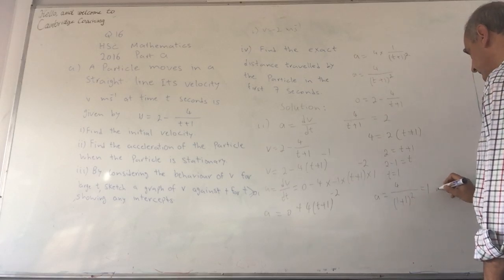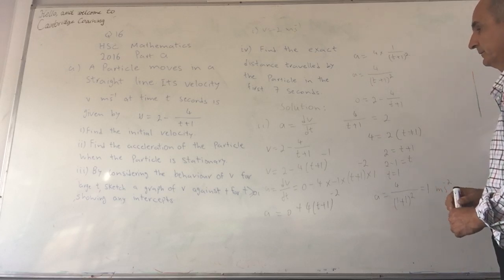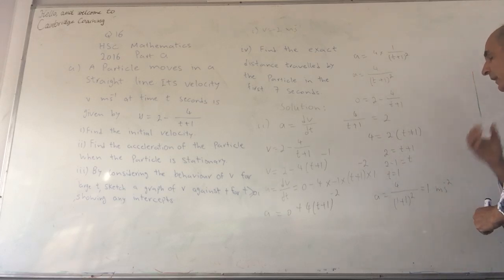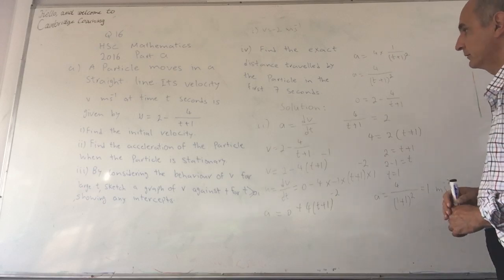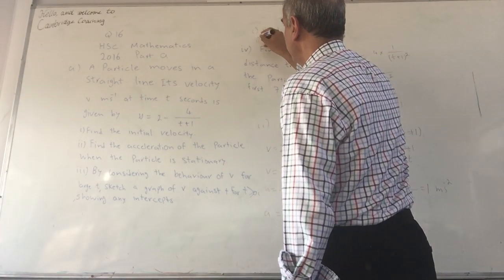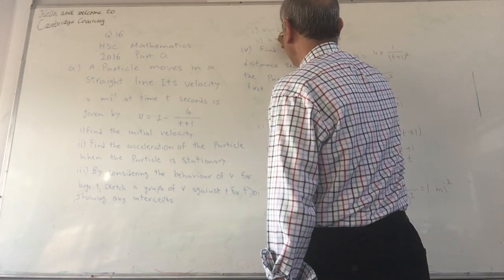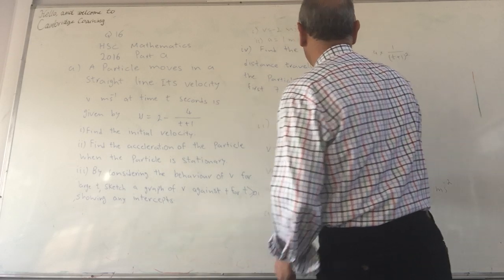So my acceleration is 1 meter per square second. Alright, that is for part 2. I write the answer again here in case we need it at the next stages.